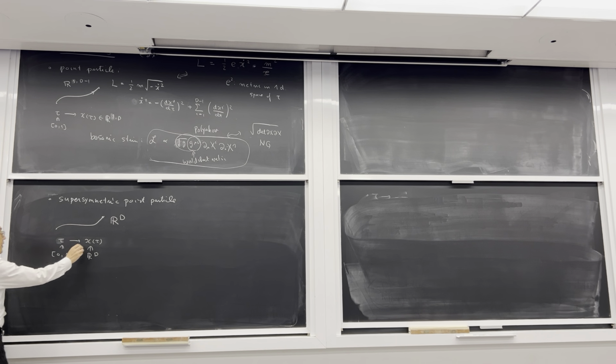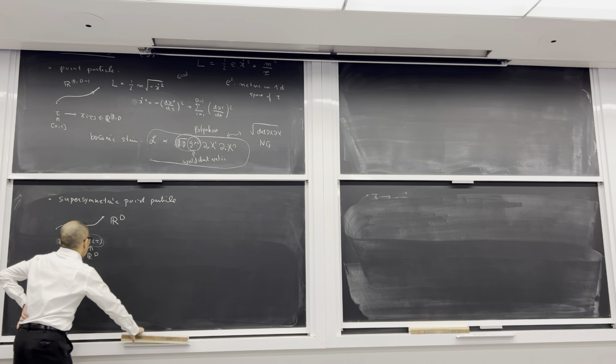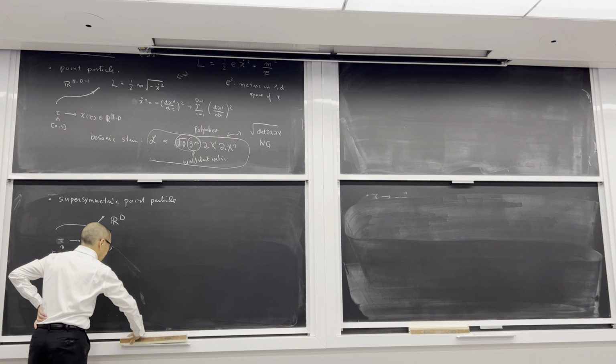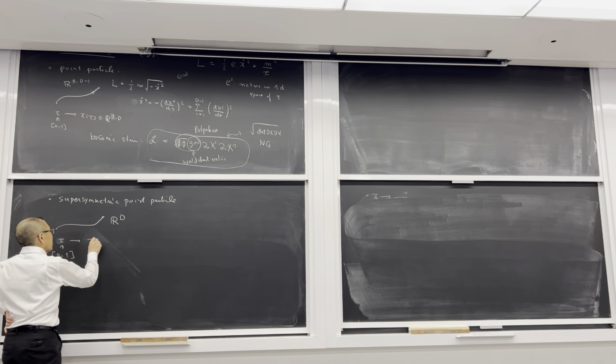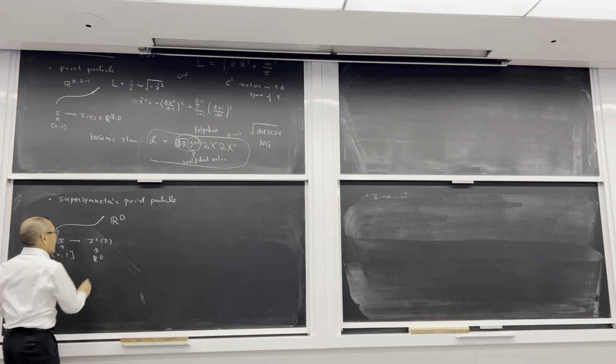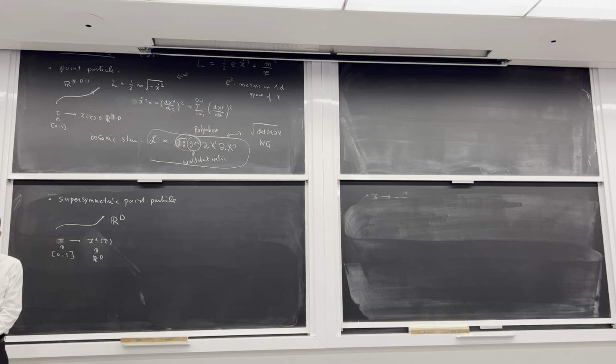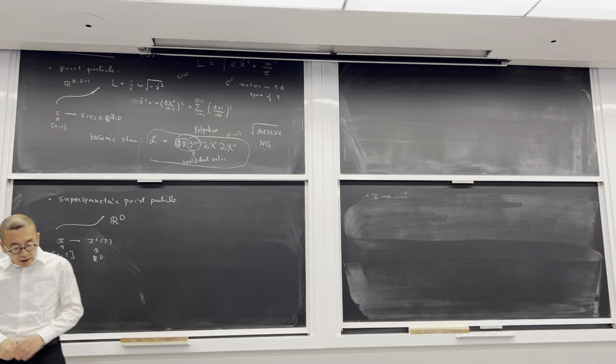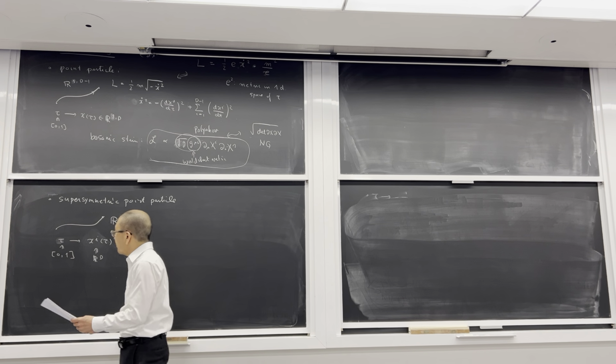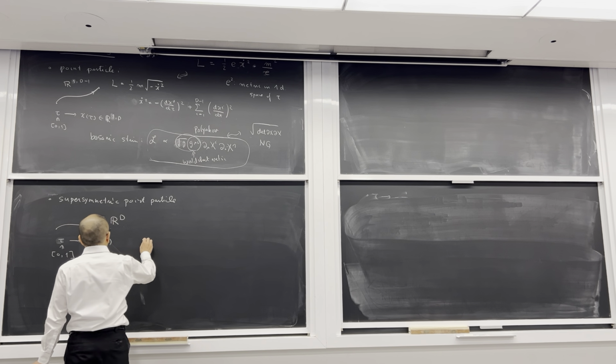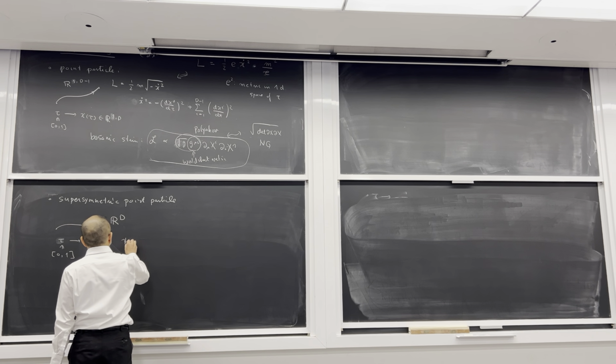This is a bosonic variable, and there are d of them. In order to have supersymmetry on the worldsheet, for each bosonic variable we need its superpartner. So I introduce some fermions, psi i, where i goes from 1 to D.